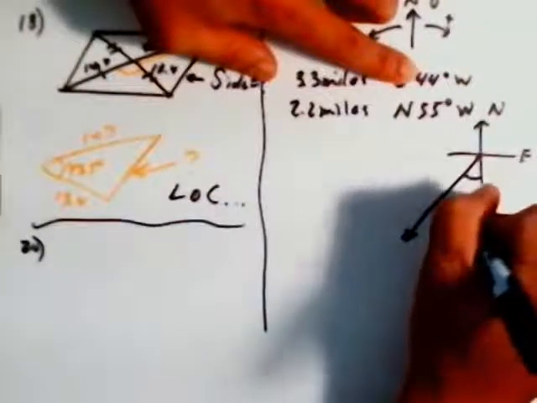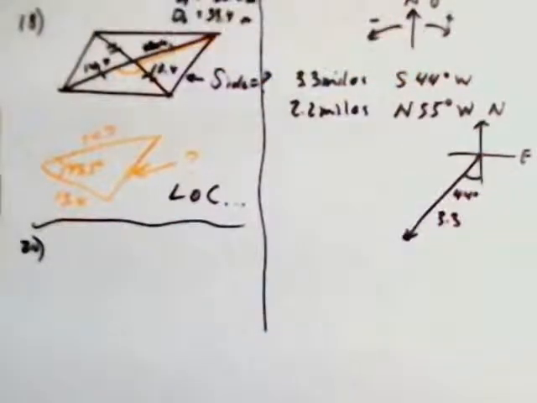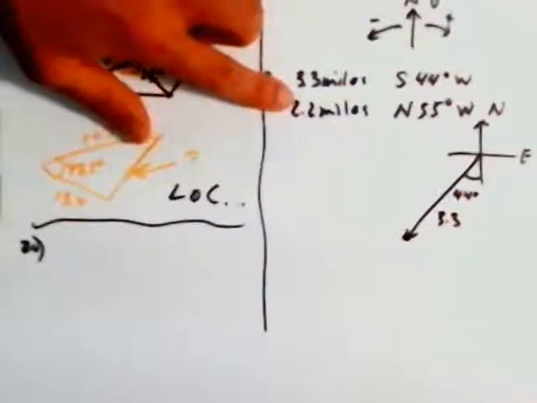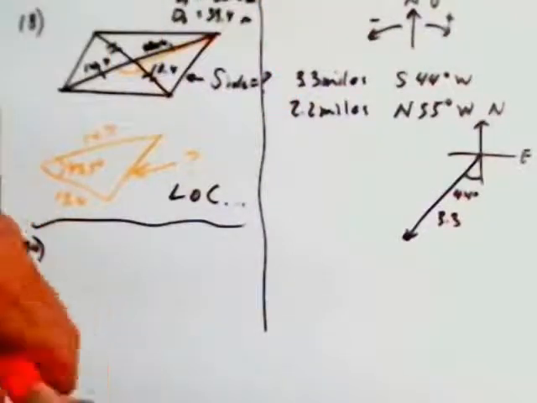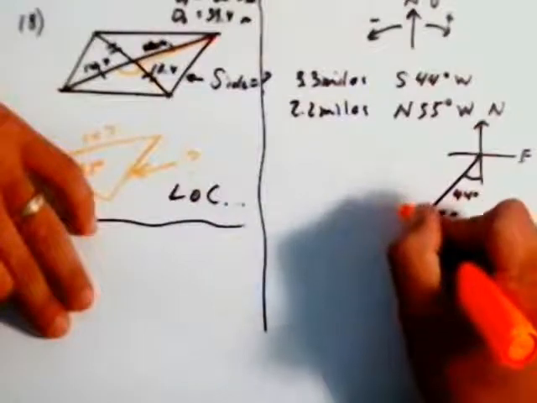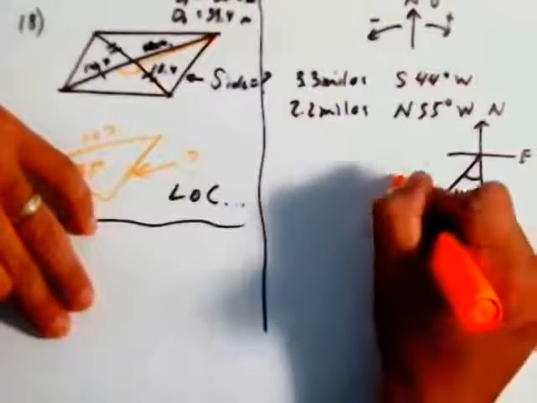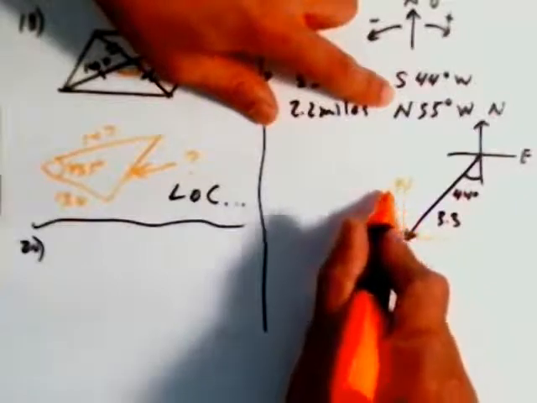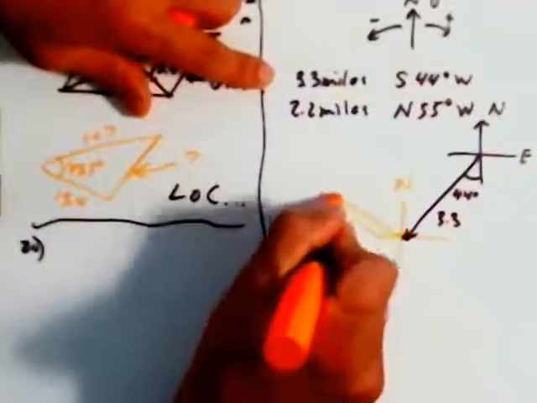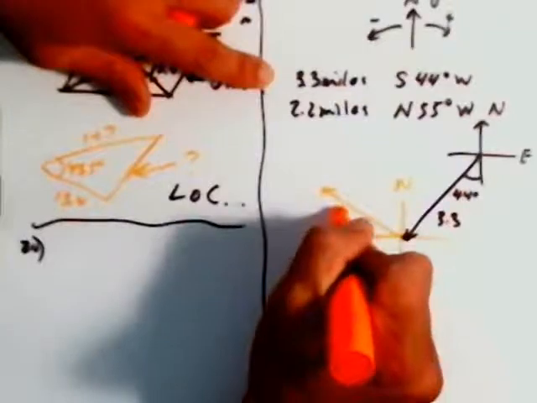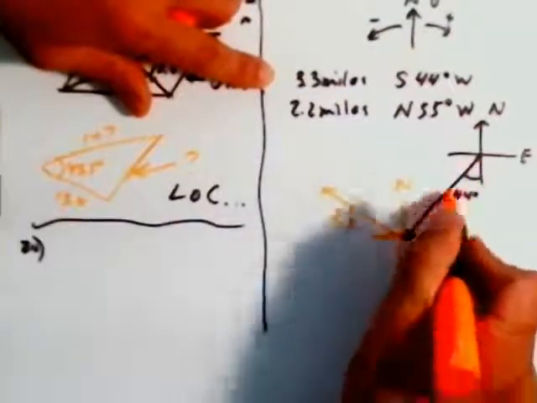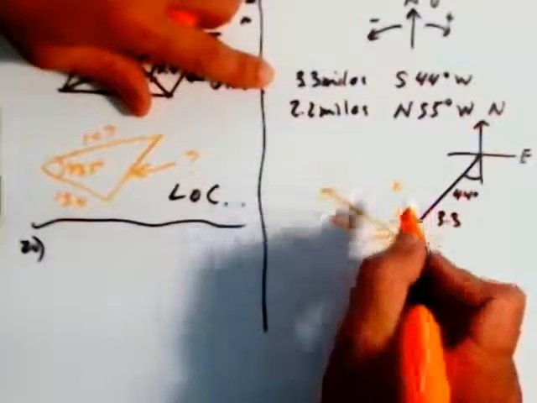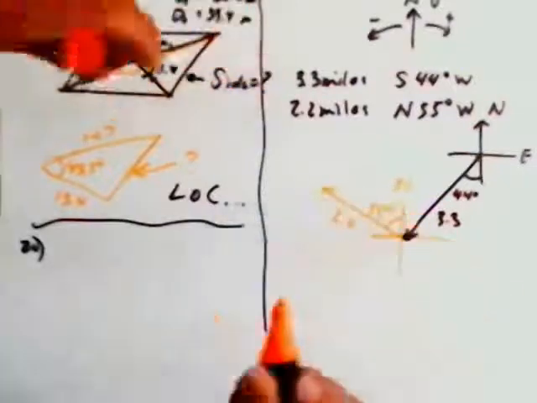And that angle is going to be 44 degrees. Okay? And then from that position here, I have to reset my location. This is going to be my true north again. He's going to go north 55 degrees west 2.2 miles. 2.2, not quite as much as 3.3, but this angle is going to be 55 degrees.